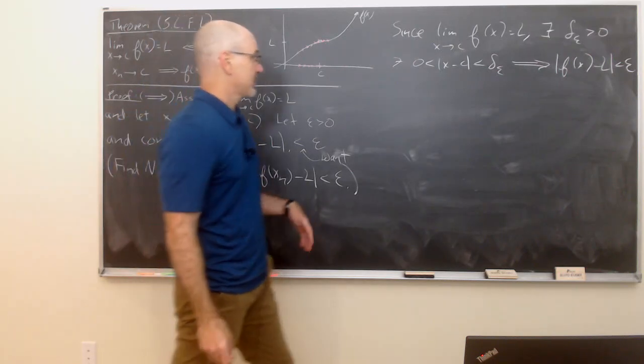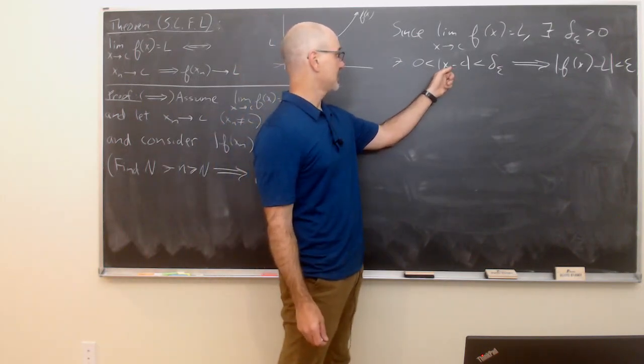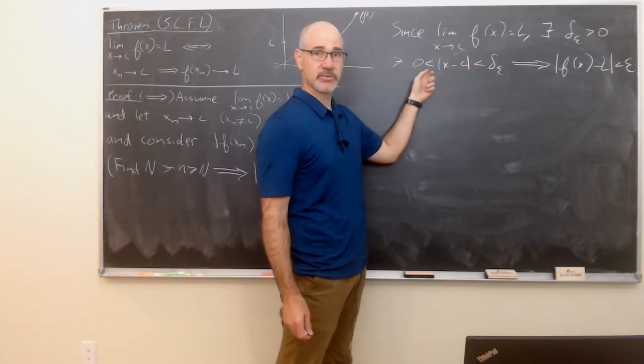Well, now we use the fact that x_n is a sequence converging to c to take n large enough that this inequality is satisfied.